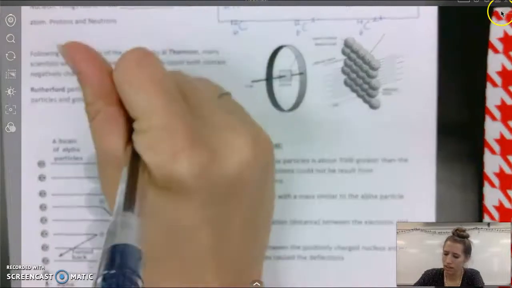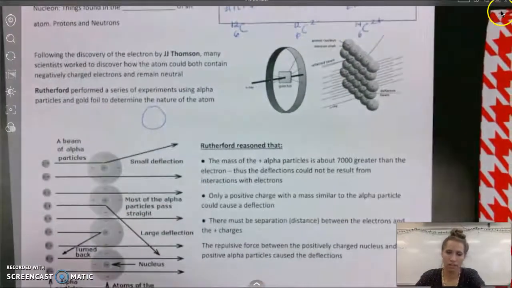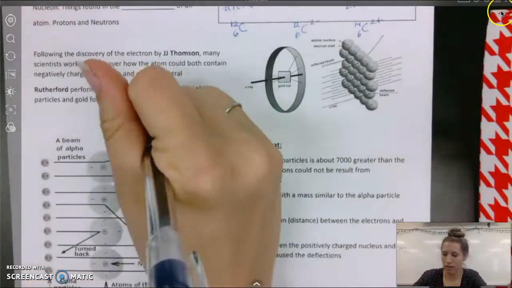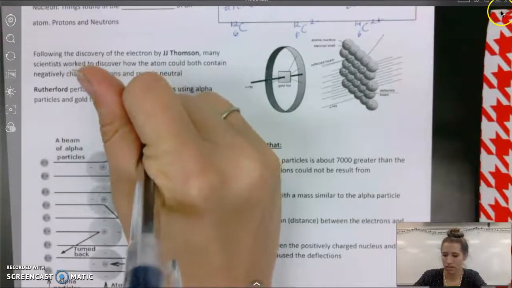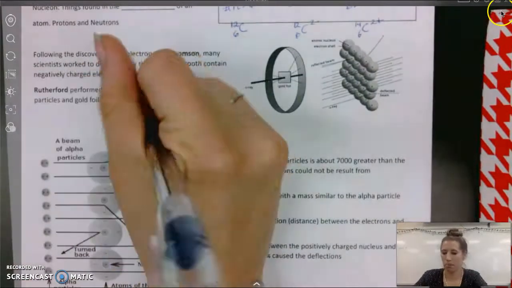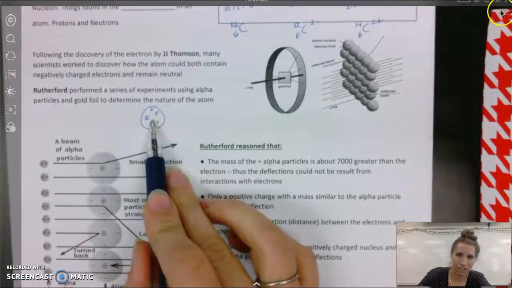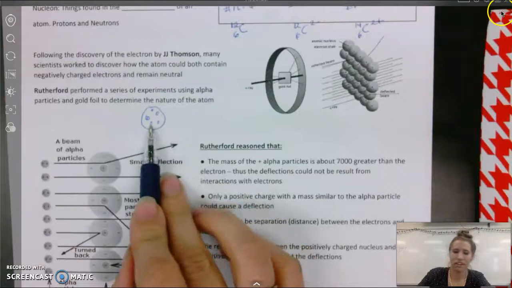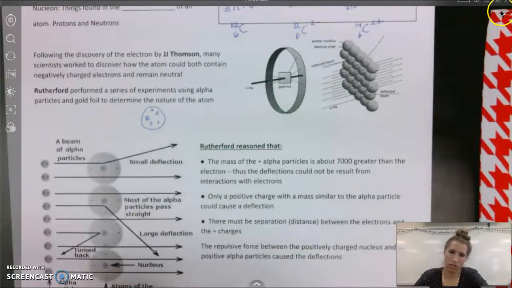It was this idea that we have this matrix or mass inside the atom, and inside that matrix we have these tiny little negative electrons. So that's where the idea of the plum pudding comes from, that we have our pudding, which is positively charged, and then we have our little negative electrons inside of it. And this was a great justification for why matter is neutral, right?